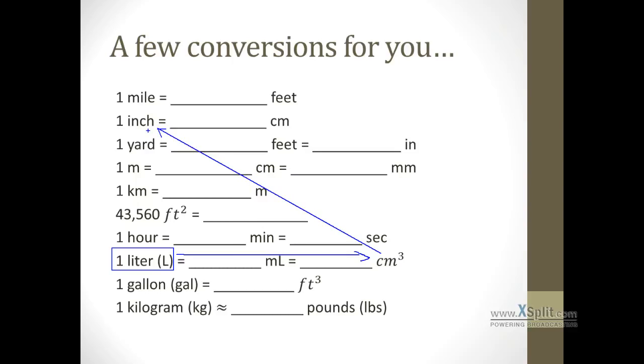We know there are 12 inches in a foot, so I'm going to make this into feet. Lastly, we have a conversion that goes between cubic feet and gallons. So this is going to be a four-step problem: liters to cubic centimeters to cubic inches to cubic feet, and cubic feet over to gallons.